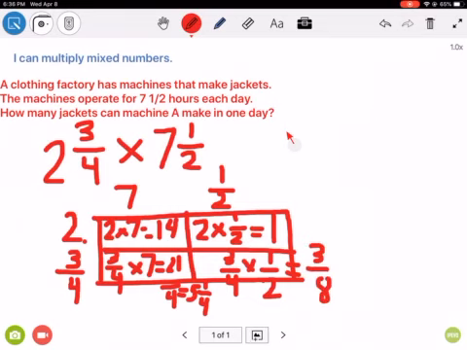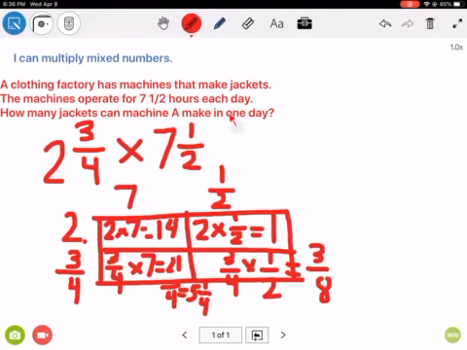Okay, so the next part of my area model is I'm going to add all my numbers up together. So I'm going to take 14 plus 1 plus 5 1/4 plus 3/8, and that's going to give me my answer.